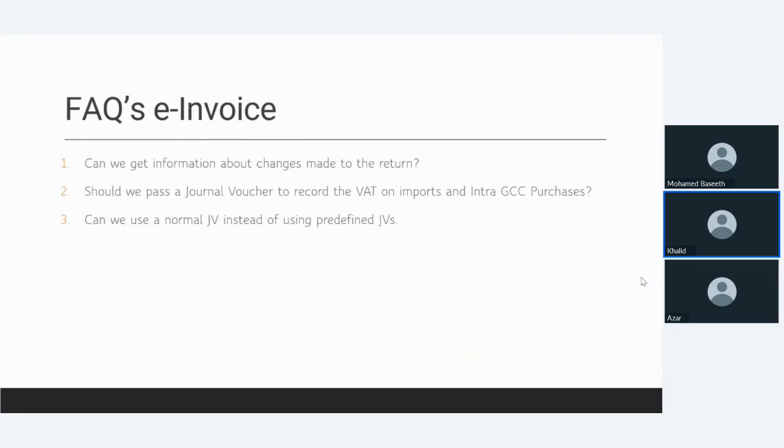And another question was, should we pass a journal voucher to record VAT on imports? I mean, the customs paid or the non-customs paid, you can do it with the normal journal, but it will get reflected into your books of accounts, but it will not get reflected in the VAT returns.